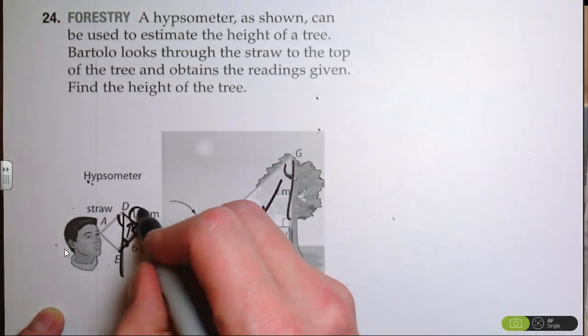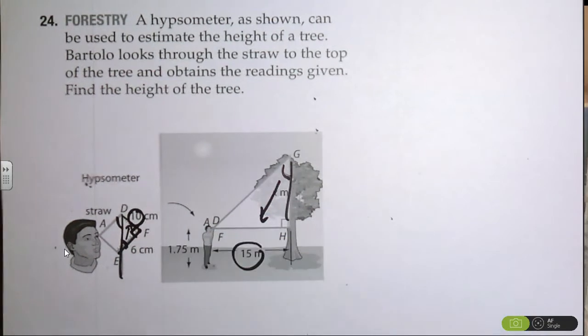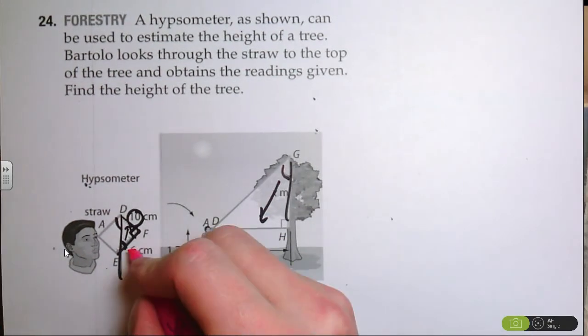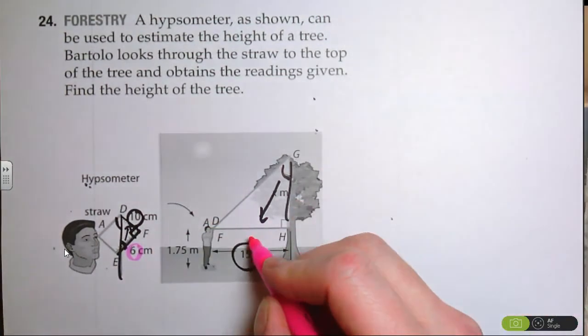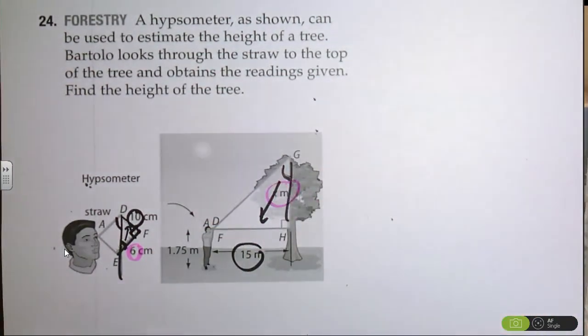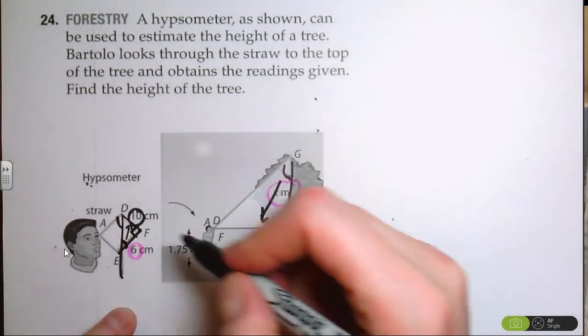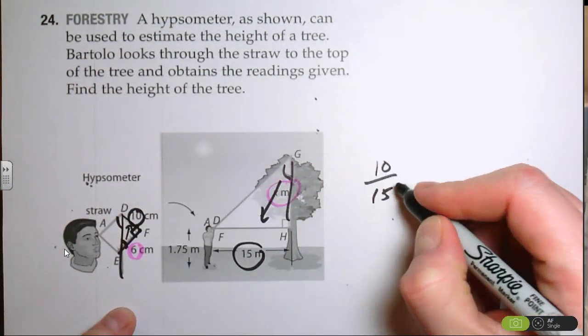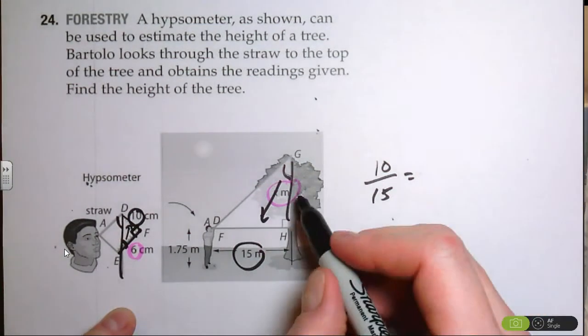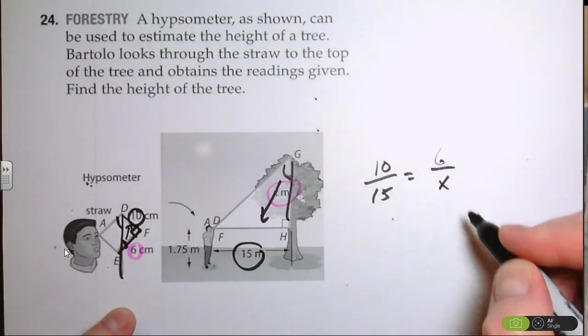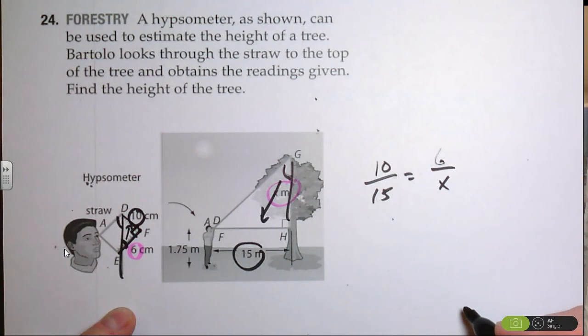So the 10 is opposite this angle, meaning the 15 is opposite this angle. So the 10 and the 15 correspond, meaning the leftover portion, which is the 6, has to correspond to the x side we don't know. So 10 over 15 equals 6 over x. Okay.